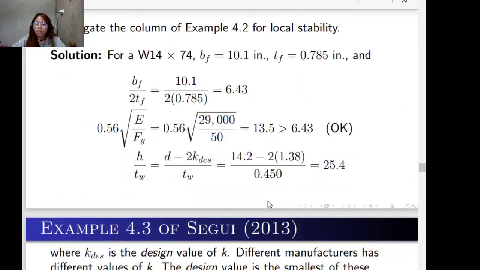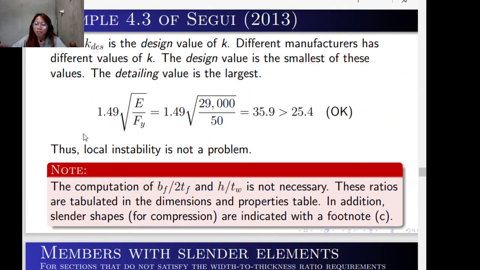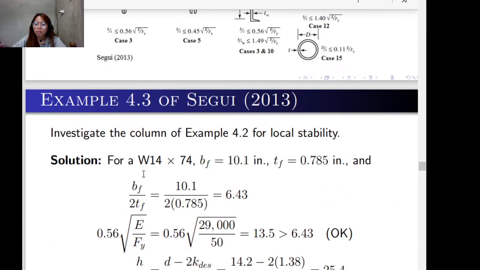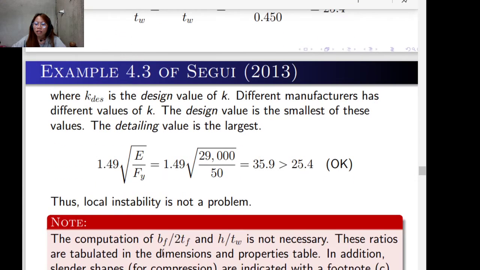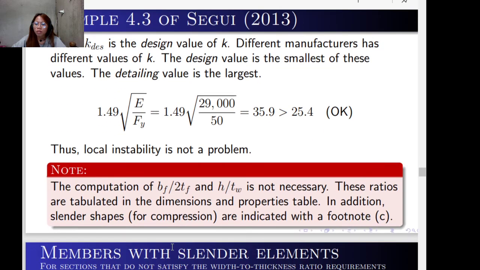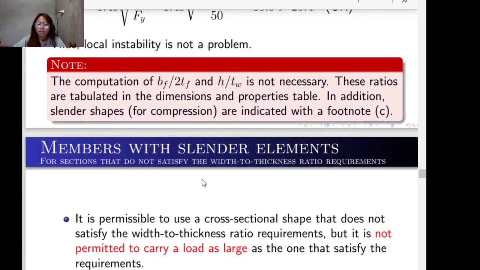In our previous example, this one, we checked for the local instability. And these values, this b over t and h over tw, are already in the table of values in the AISC manual.